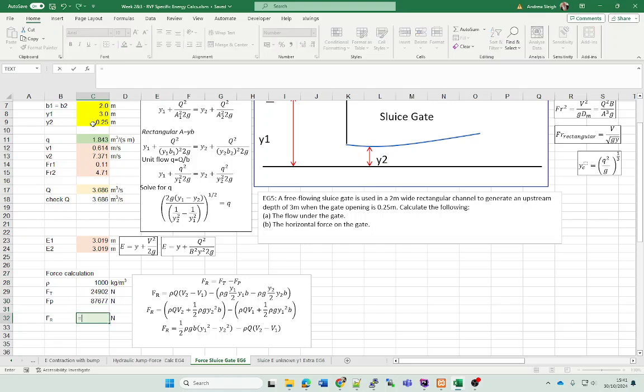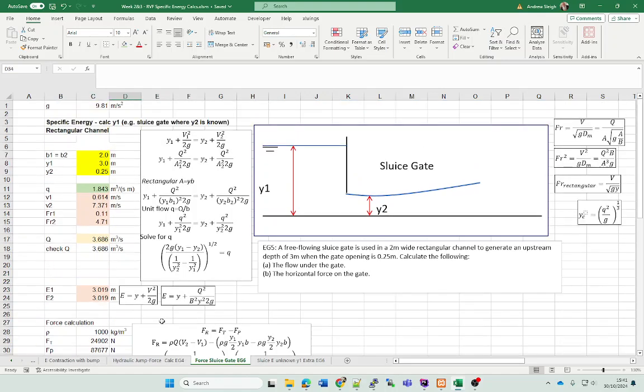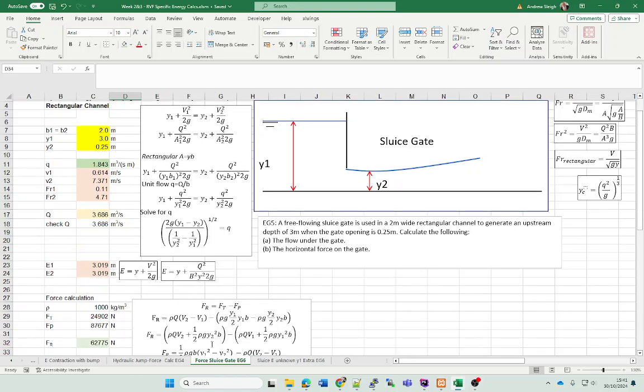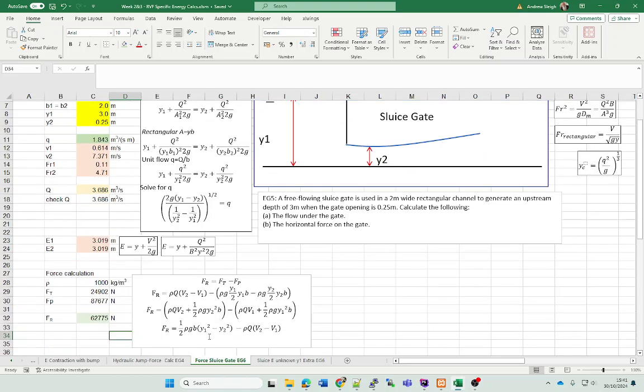So the resultant force is the pressure force minus total force, 62,777 newtons. Okay, so energy calculation combined with a force calculation.